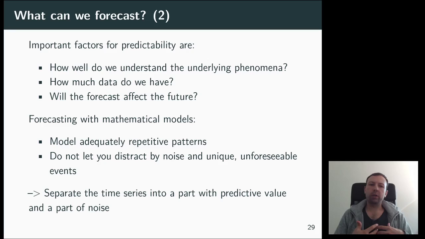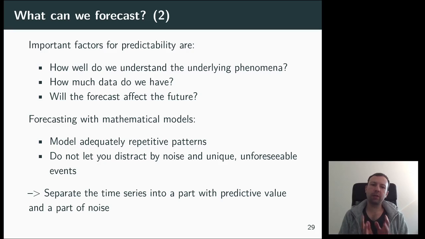And especially in our case, where we use mathematical models for forecasting, I think it's very important to model adequately the repetitive patterns in the data, but not be distracted by the noise and the unique unforeseeable events, right?